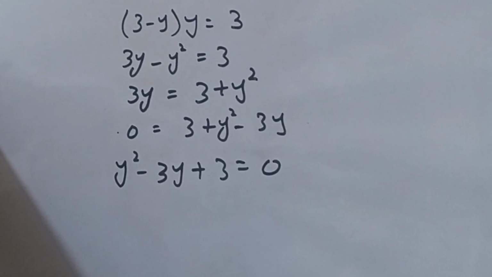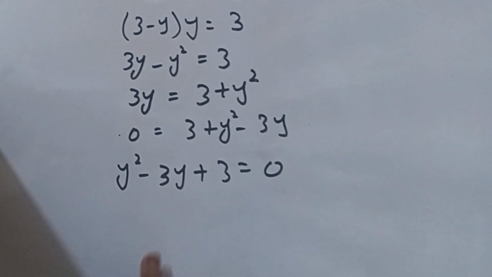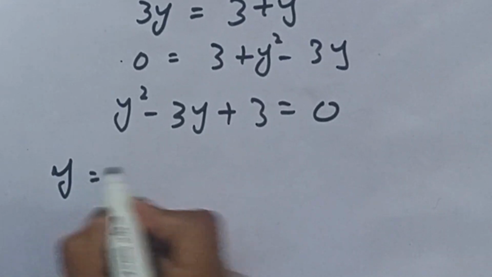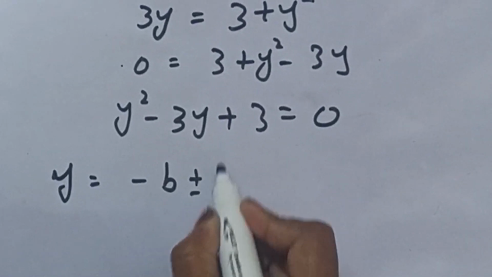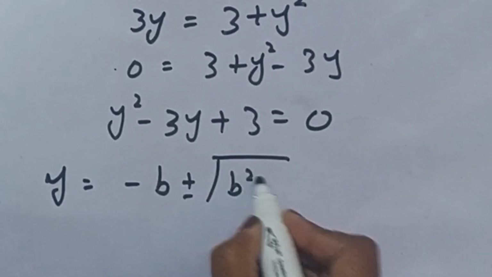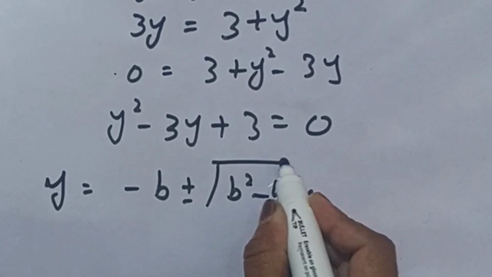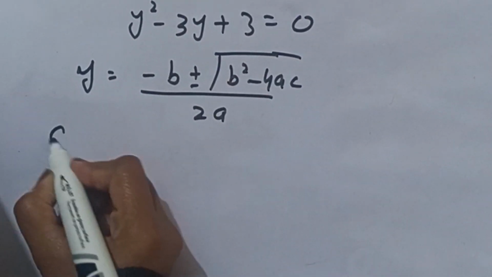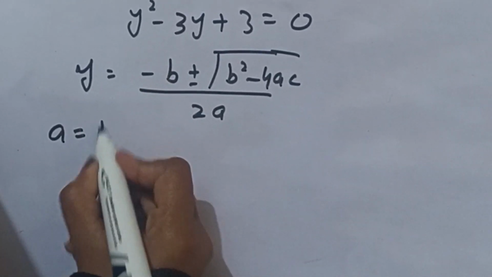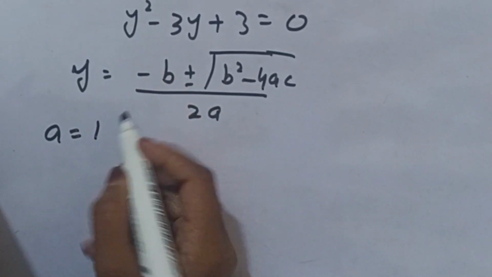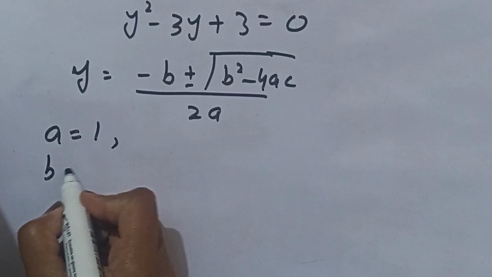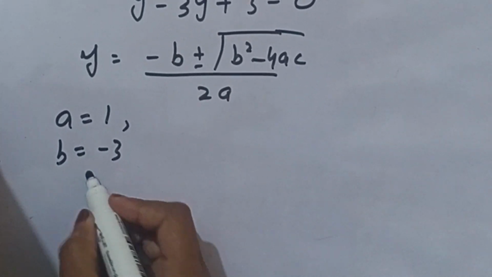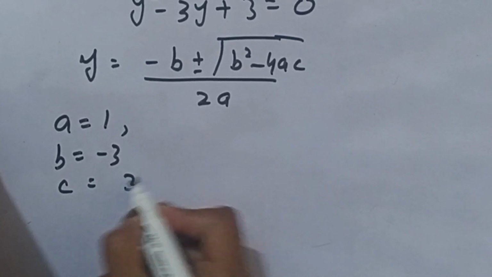is a quadratic equation, and we use a formula to solve this equation. So the quadratic formula is y equal to minus b plus minus square root b square minus 4ac over 2a. In this equation a is 1, the coefficient of y square, b is minus 3, and c is the constant, which is 3.